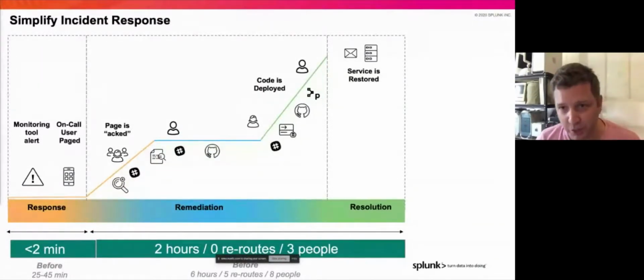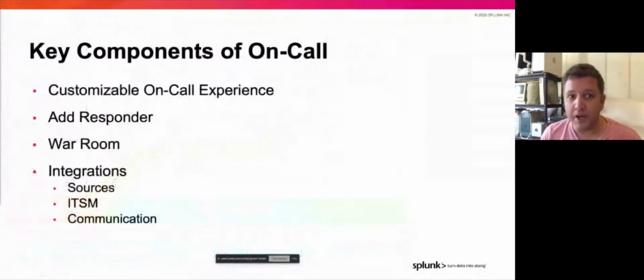It's less than 2 minutes to get somebody to acknowledge and get the right person to address the issue, less than 2 hours in remediation, and fewer than 3 people involved. So the effort and the complexity are reduced with a good, strong SRE model driven by observability and good incident response tooling and strategy. What does good mean?